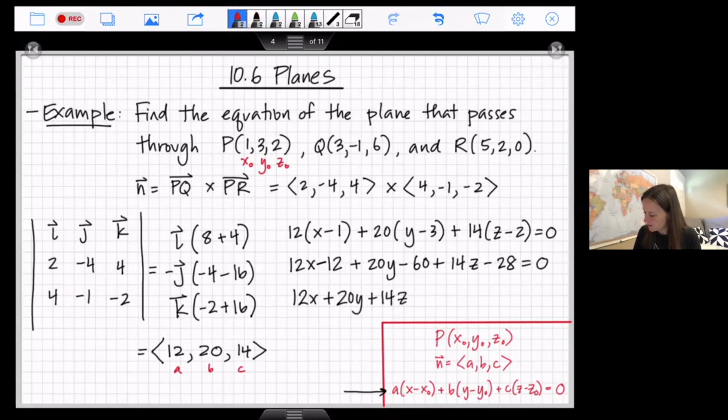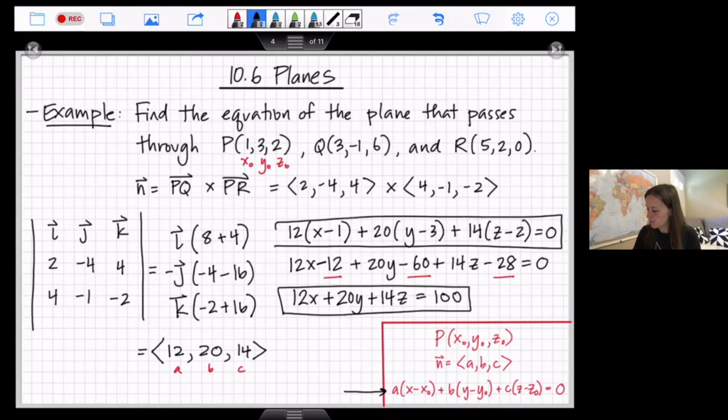And then I've got all that leftover number stuff. That's a big number. So -12 plus, let's see, -12 and -60 make -72. Minus 28 is actually -100, not a bad number. So we're going to add 100 to both sides. And we get, this is our equation of the plane. So that's our general form, and then up here is our standard form. All right, so we'll do a lot more with planes whenever we meet together in class.